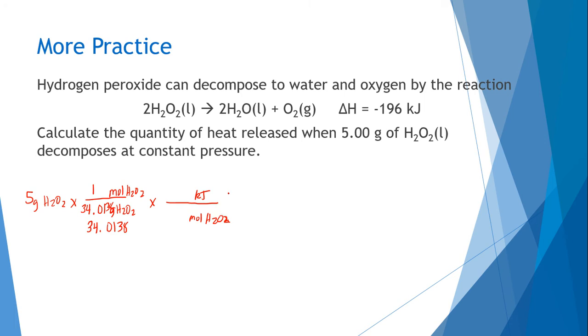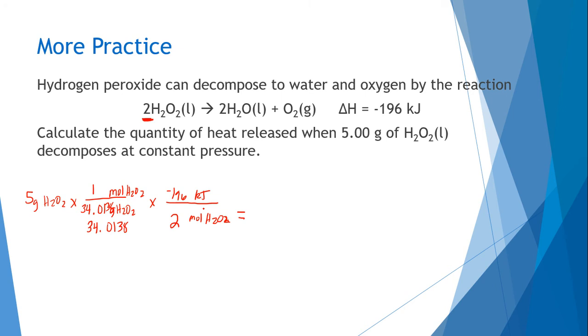Well, here, our kilojoules is negative 196. And remember that kilojoules is always associated with the equation. So if I look at the equation and find H2O2, my coefficient is 2. Now I've canceled out grams, I've canceled out moles, and I just have to get to my kilojoules, and that's what I want.